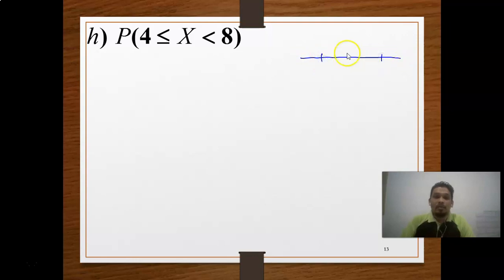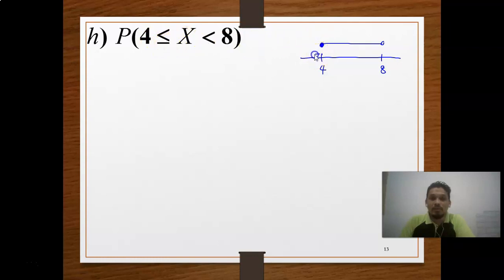Now we look into the question where just one side has an equal sign, and the other side does not. Okay, including 4 and not including 8. Let's begin with 4 here. 4 is part of it, x equal to 4.